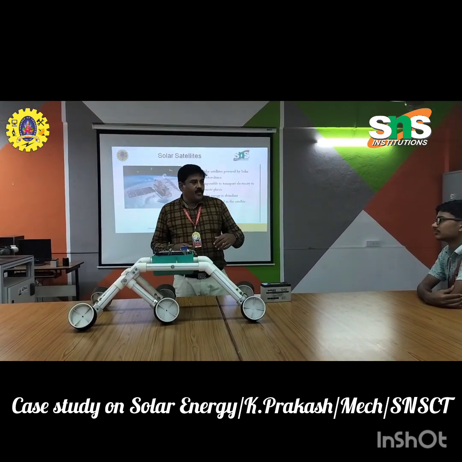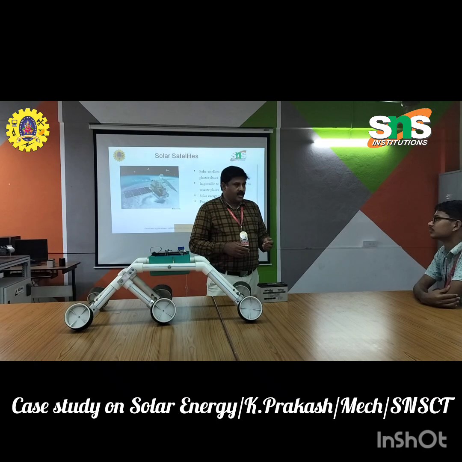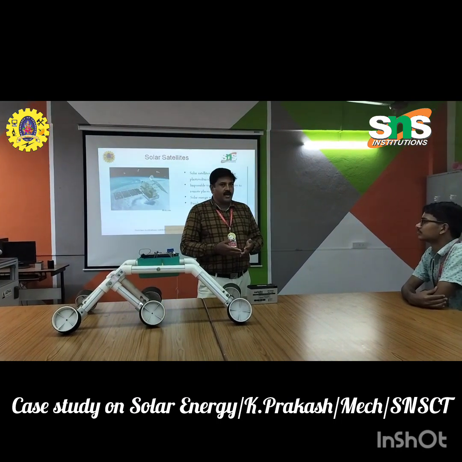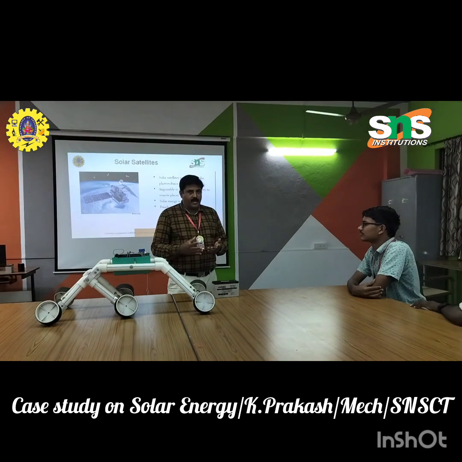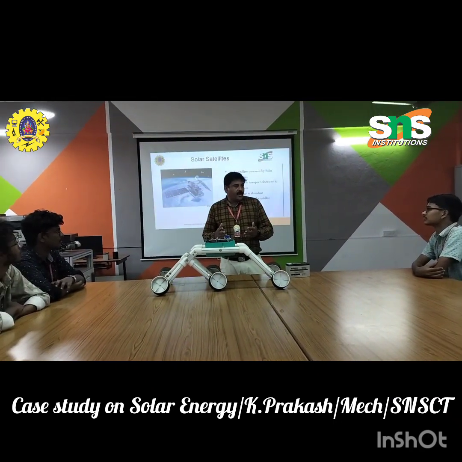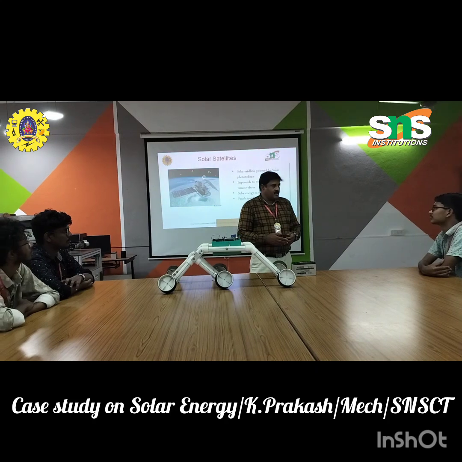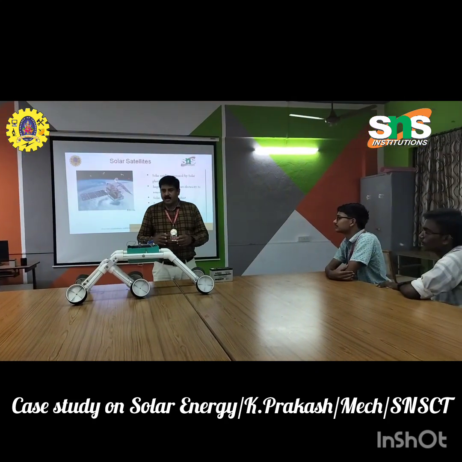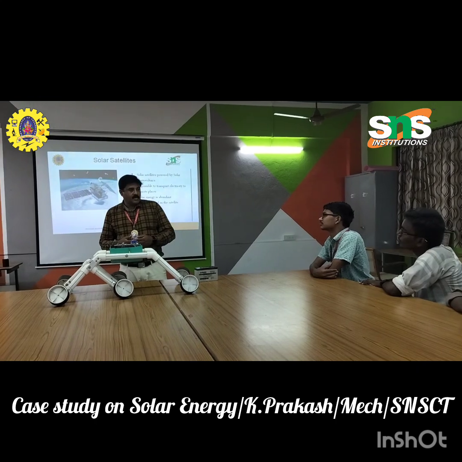For example, in Rajasthan or desert areas, solar radiation is higher in range. When we come to a hill station, the solar radiation is very less.